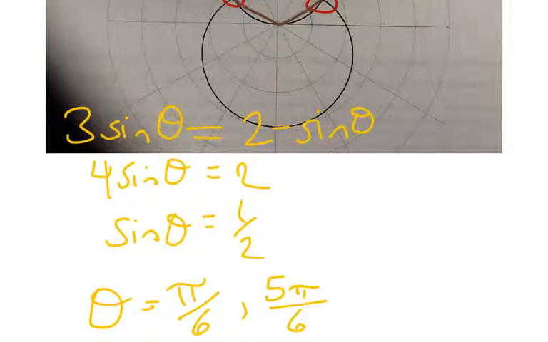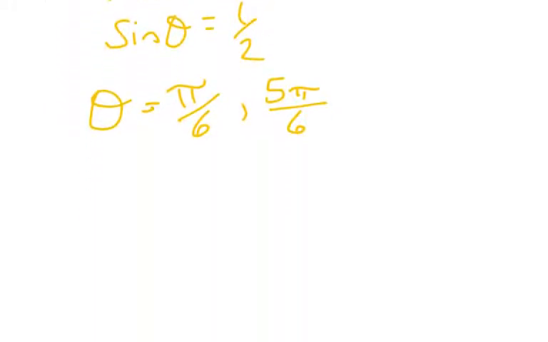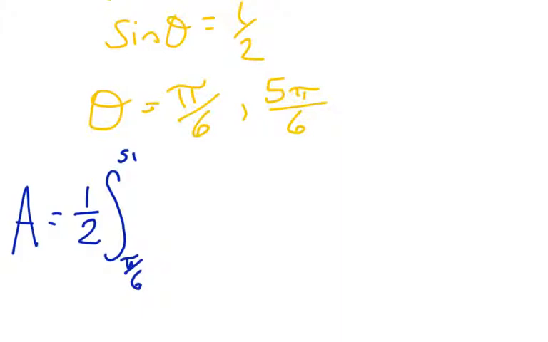From here, we just go ahead and write our integral. The area is going to be, I'm going to move the 1/2 out front, just so I don't have to worry about it in my integrand, the integral from pi over 6 to 5 pi over 6.